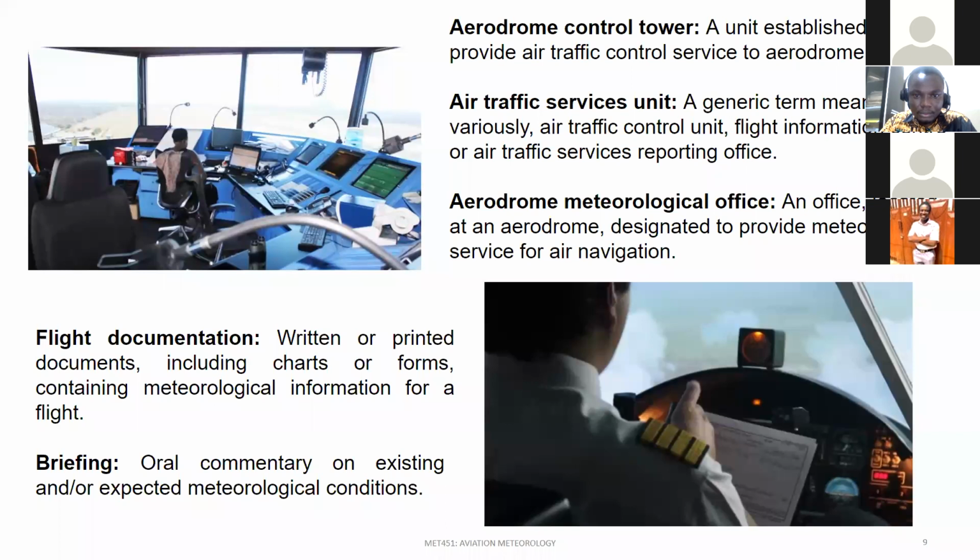Then also another way that we transmit to the airlines is when it comes to the flight folder. So the flight folder most of the time contains the TAF information, the METAR information, and also, when it comes to another chart, the wind direction and those charts. So we receive this information, we print this information.